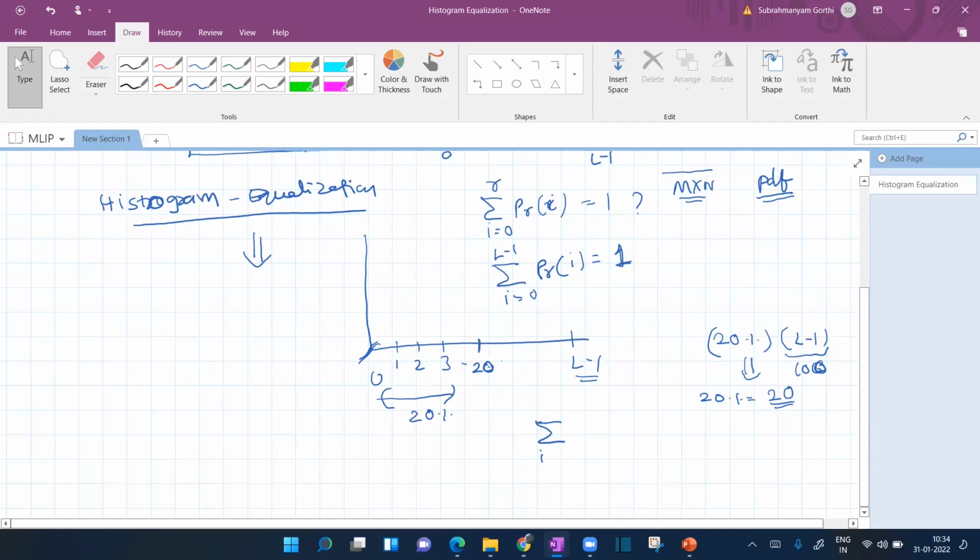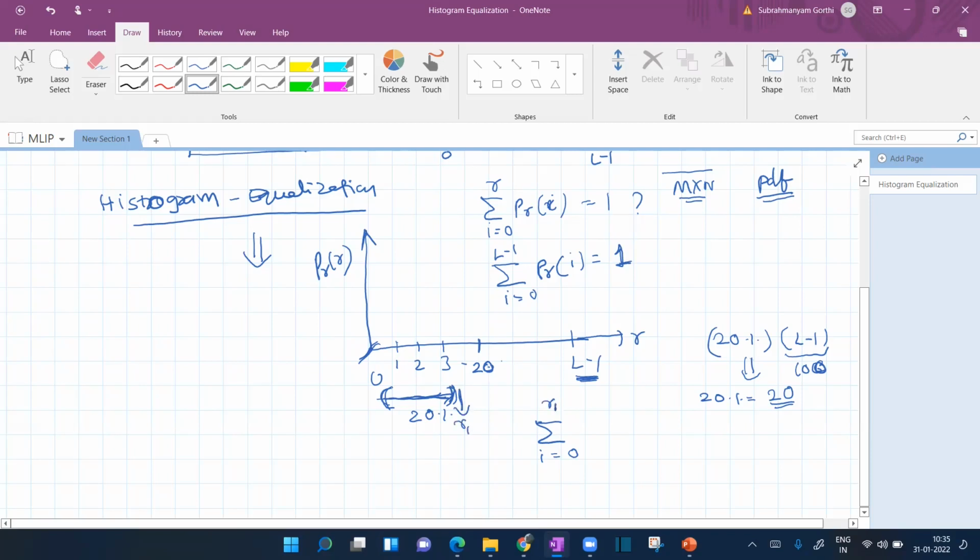Now, the question, I'll come back here. My objective is that by the time I reach here, say the maximum value out of that, I reach 20%. Let me call this R, and what I am taking here is PR of R. So 20% of pixels, let's call this R1.